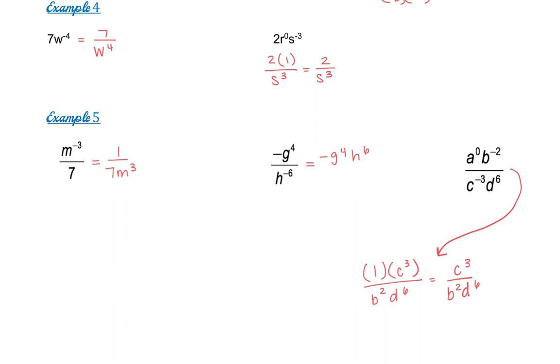And then d to the power of 6. The 6 is positive, so it's not going to change. So our final answer, we get c to the power of 3 over b to the power of 2 times d to the power of 6.